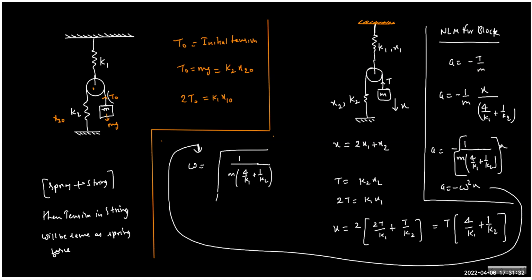This is the answer. So the time period is how much? 2 pi by omega, which will be like this. This is the answer. Do you realize this?